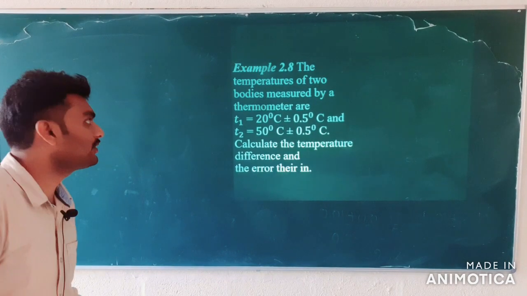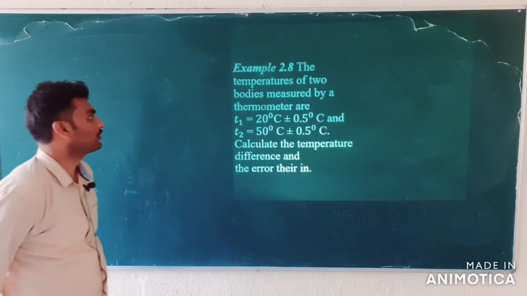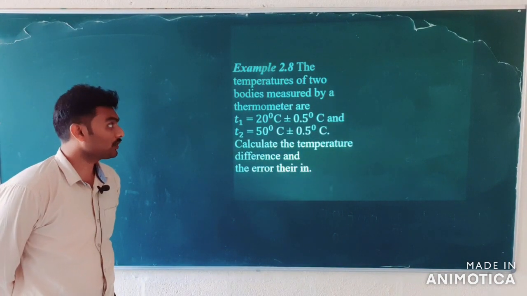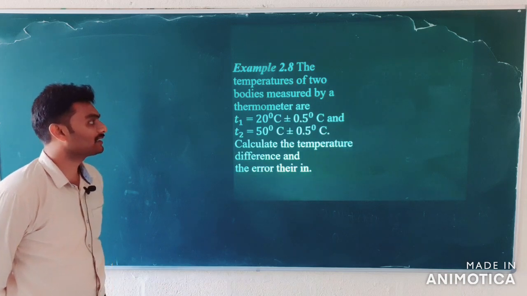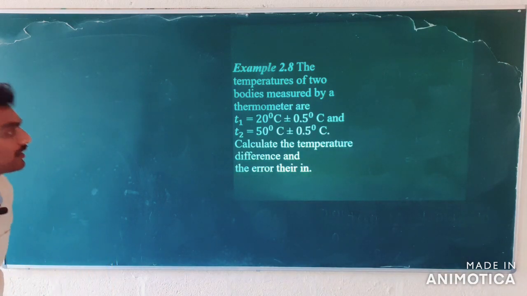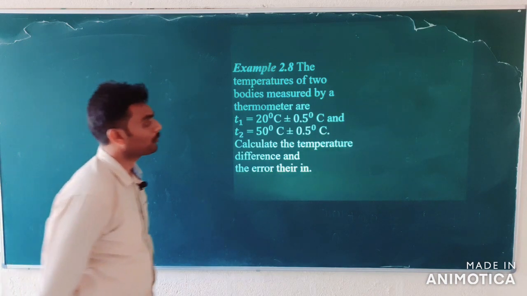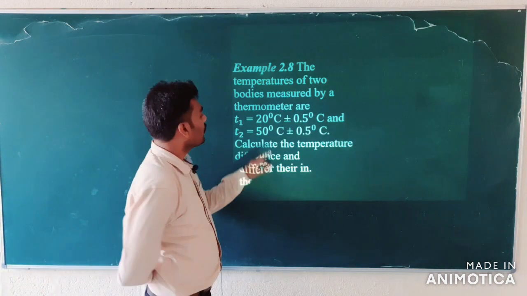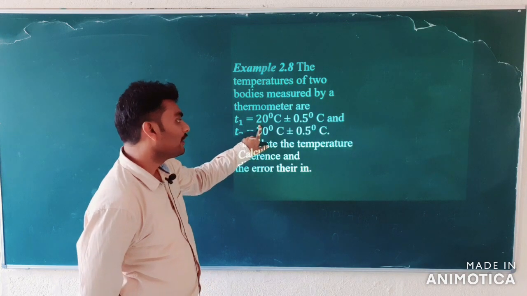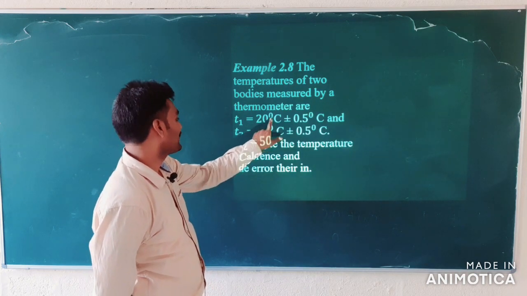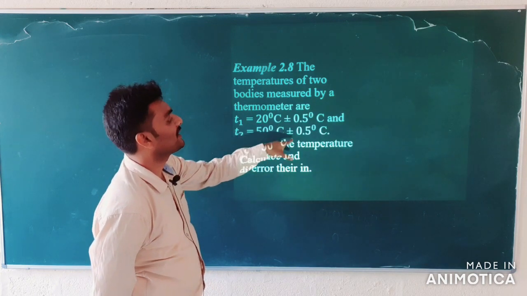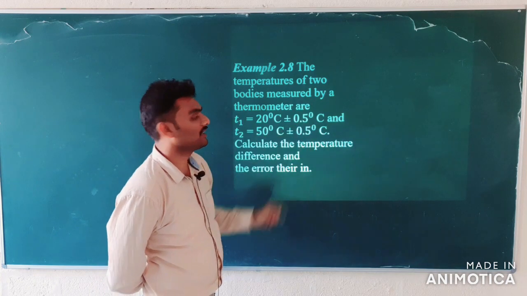Okay, the next question, 2.8, is as follows. The temperatures of two bodies measured by a thermometer are T1 is equal to 20 degrees Celsius plus or minus 0.5 degrees Celsius. What do you mean by this? The temperature is 20 degrees Celsius measured, but it has an error of 0.5 degrees Celsius.